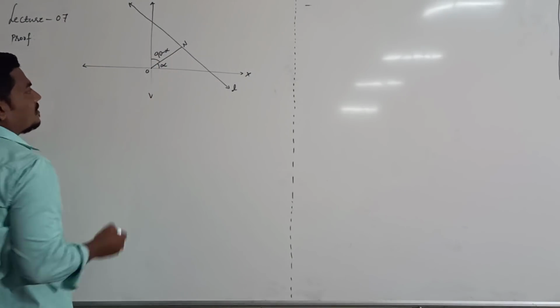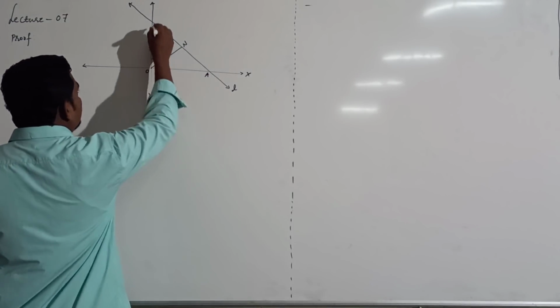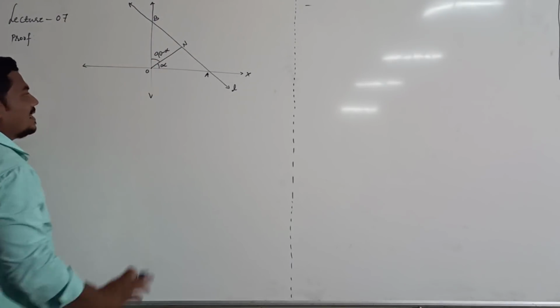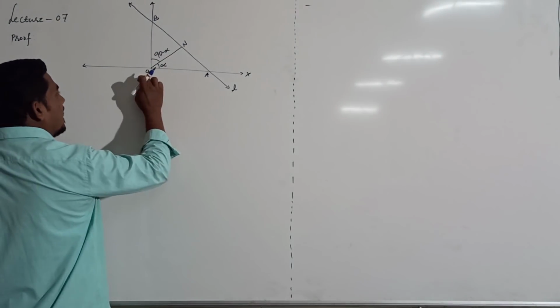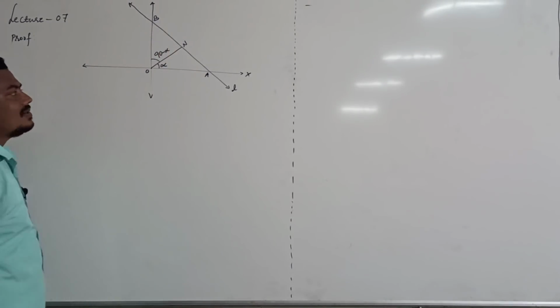Total angle, or else you can take it as A and B. Angle AOB is 90 degrees. In that, angle AON is alpha, angle BON is equal to 90 minus alpha.